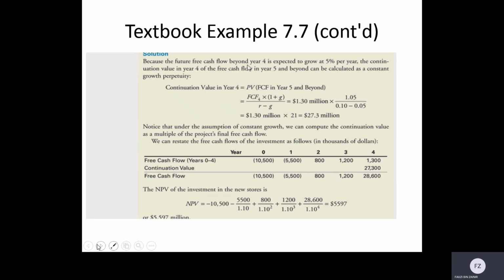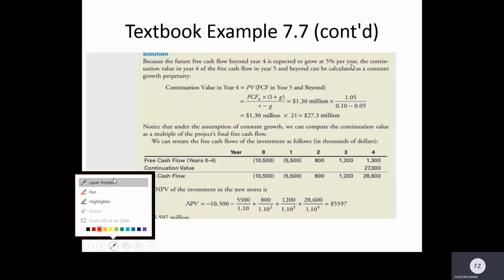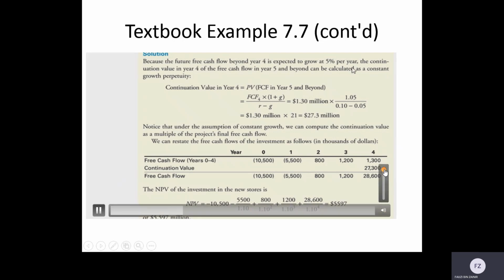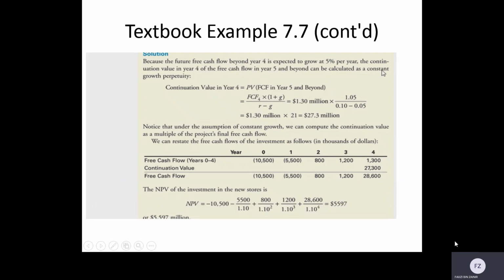Because the future free cash flows beyond year 4 are expected to grow at 5% per year, the continuation value in year 4 of the free cash flow in year 5 and beyond can be calculated as a constant growth perpetuity.